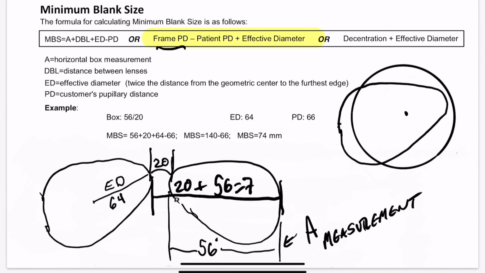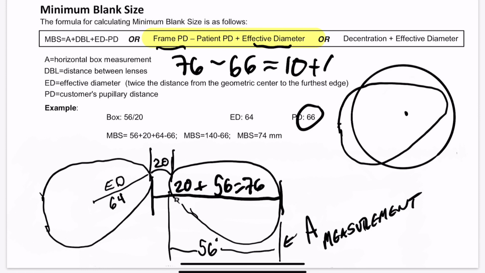So our frame PD is 76. If we take the frame PD, 76, and we minus the patient PD, which we determined was 66, it's going to equal 10. Then we go back and we add that to the effective diameter of 64, and again, we're going to get the answer of 74.